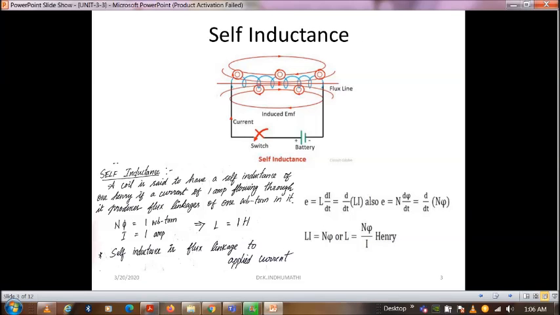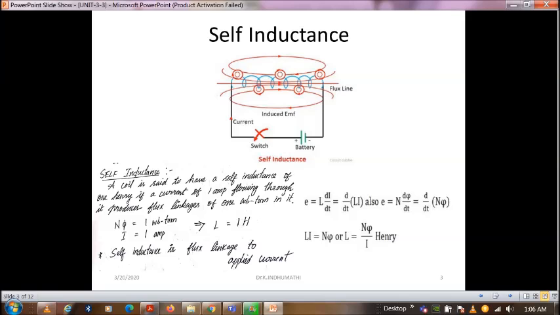Then what is self-inductance? Self-inductance is an inductance which is present within the circuit itself without any external excitations. So a coil is said to have a self-inductance of 1 Henry if a current of 1 ampere flowing through it produces flux linkages of 1 Weber turn in it.